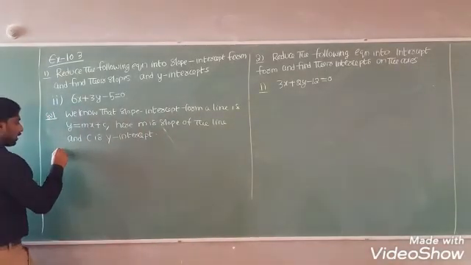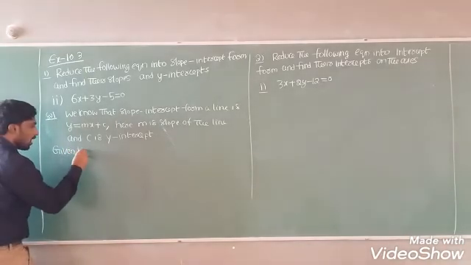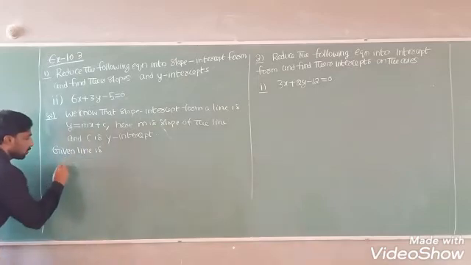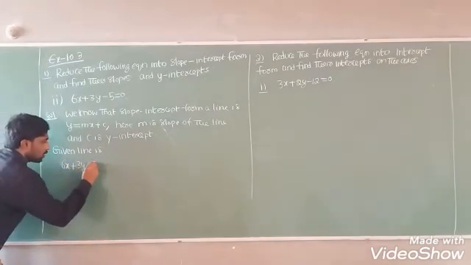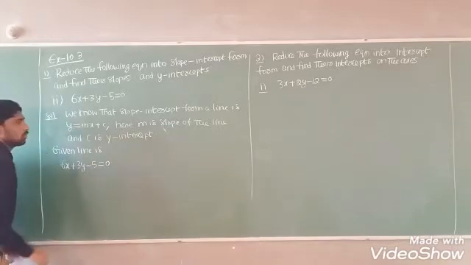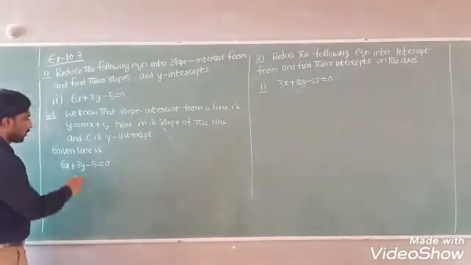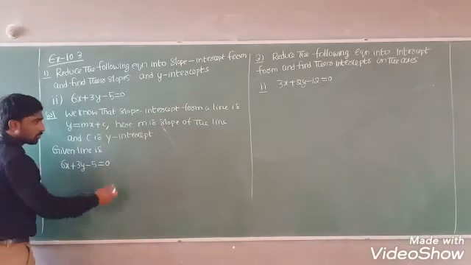Okay, so what is the line here? Given line is 6x plus 3y minus 5 equal to 0. So this equation I have to convert into slope intercept form. So for that, y comes on this side, x and constant comes on that side.